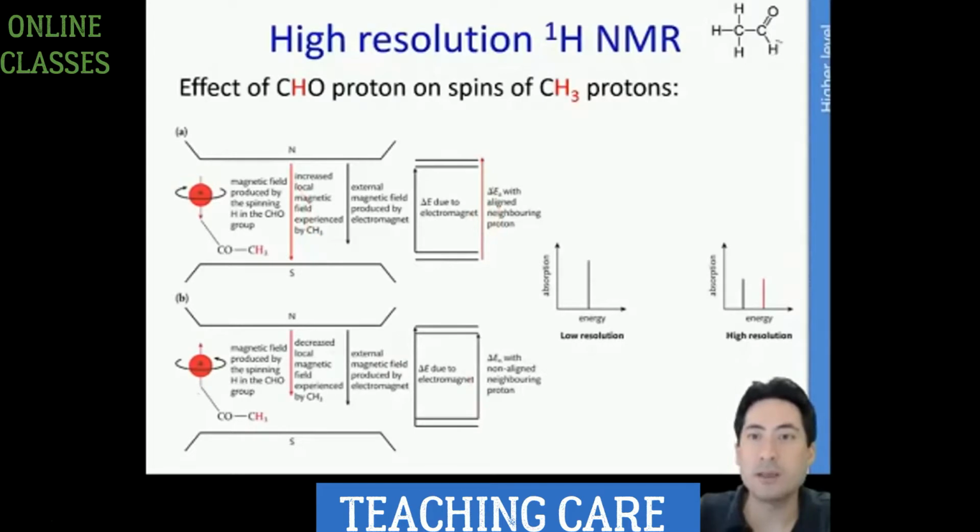So we're going to have a look here at an example with ethanol, and we're going to look at the effect of this either spinning up or spinning down, assuming that all these hydrogens in this environment are spinning up. So when it's spinning up and this one is also spinning up, that's called shielding. And shielding is going to allow a greater energy release, and that's called a movement downfield.